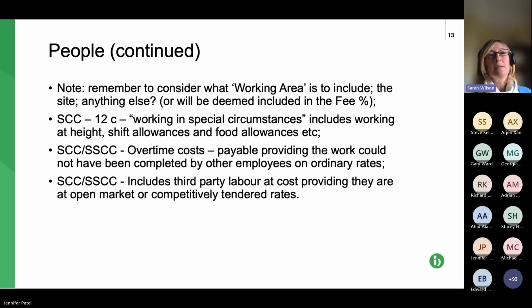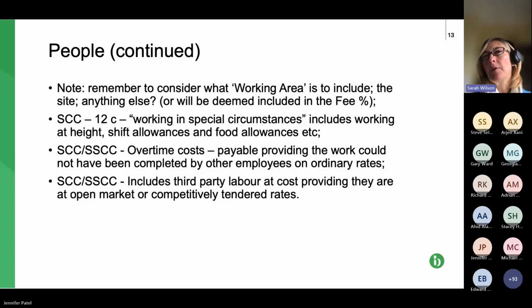So I said, the second bullet point, I said the schedule contained more detail as to what kind of costs you can claim for people. And 12C, so this is in the schedule, it's all numbered, allows a claim for working in special circumstances.